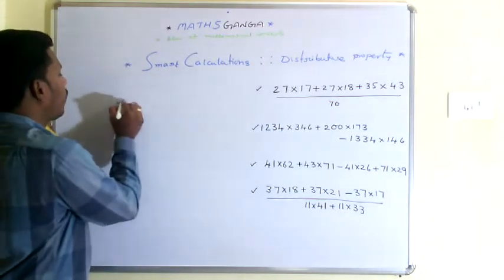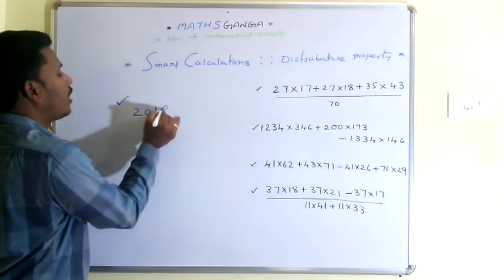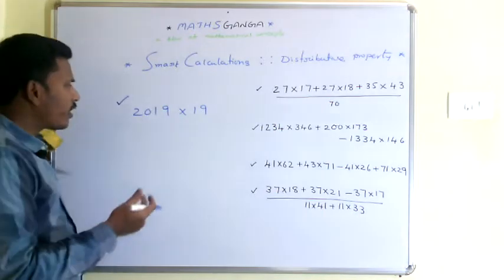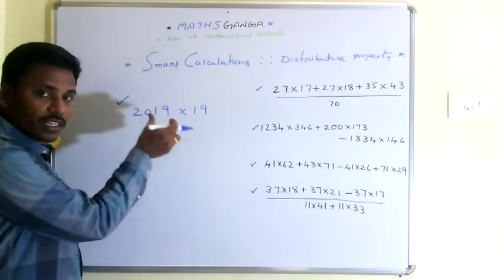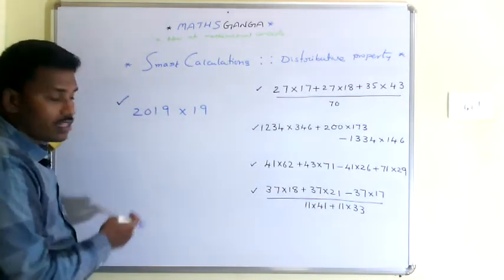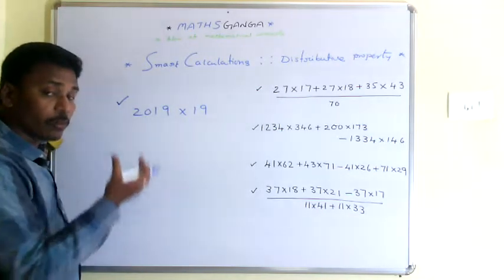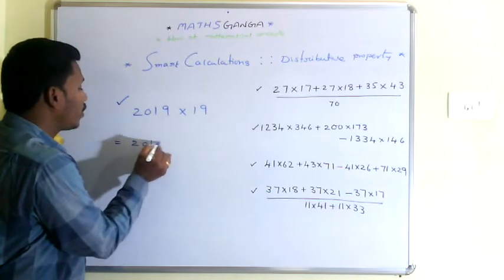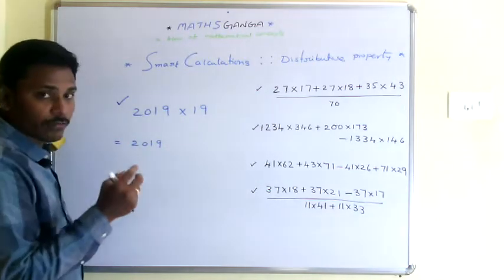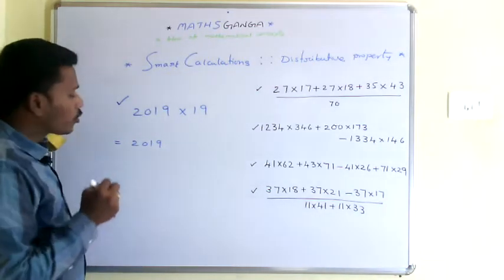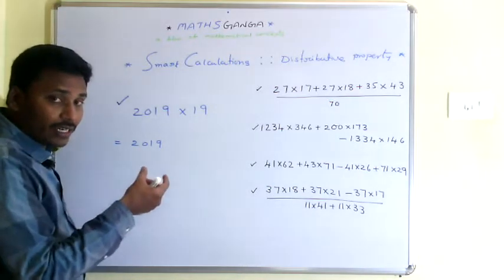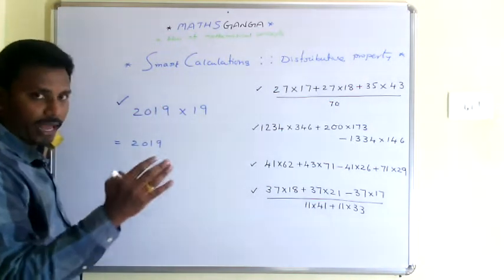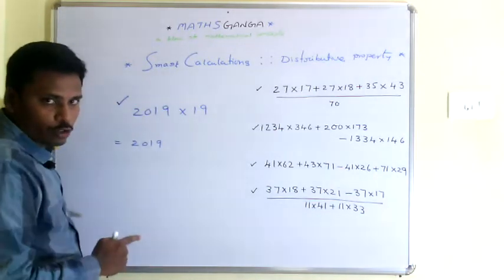For example, if I have 2019 into 19, how do I multiply 2019 with 19? Multiplication with 19 will consume our time and give us some trouble. So I will convert the difficult multiplication into an easy subtraction using the distributive property.